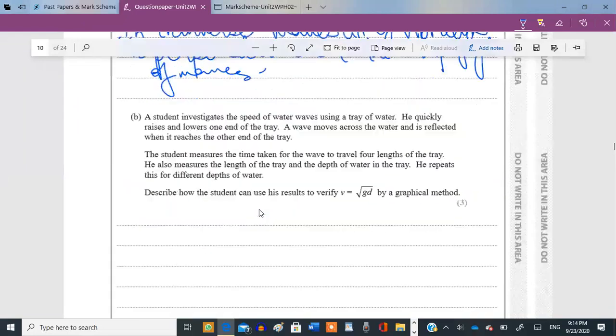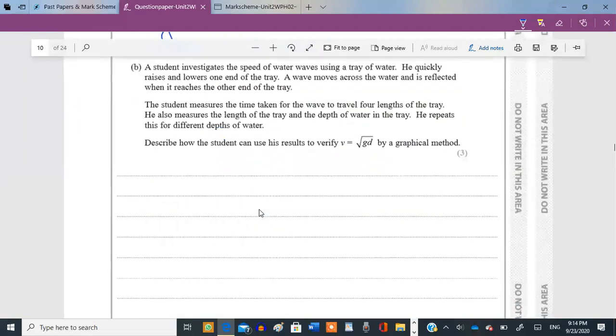Then part B says a student investigates the speed of water waves using a tray of water. He quickly raises and lowers one end of the tray, so that would be producing water waves. A wave moves across the water, is reflected, and then reaches the other end of the tray. The student measures the time taken for the wave to travel 4 lengths of the tray.